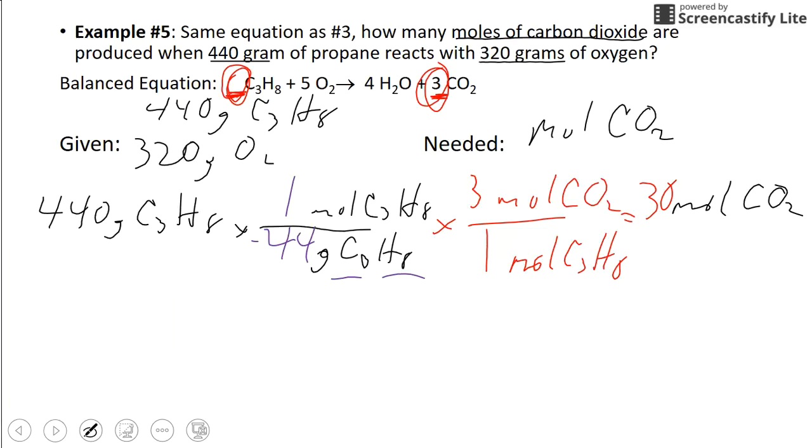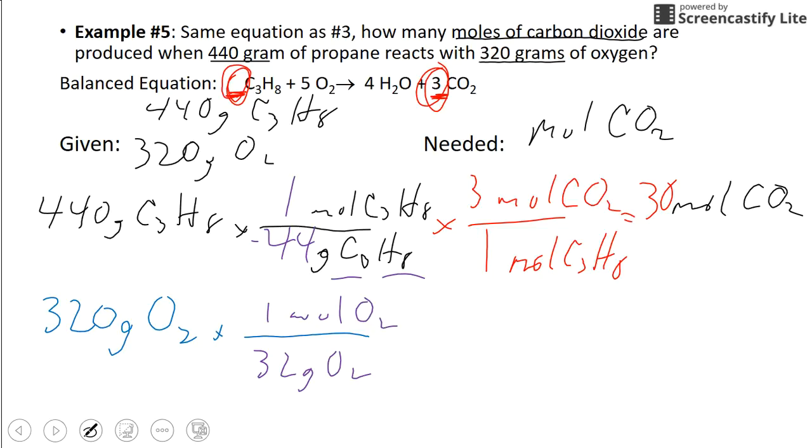And now we do it all over again with the O2. So let's make O2 in blue. So you have 320 grams of O2. You get from the periodic table the relationship of 32 grams of O2 in 1 mole of O2. And then you get from the balanced equation that there are 5 moles of O2 in every 3 moles of CO2.